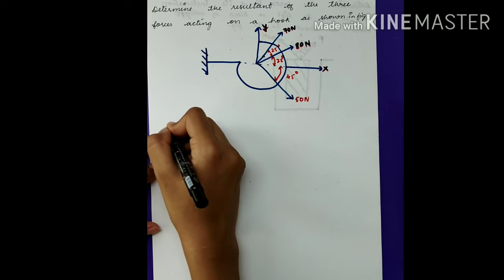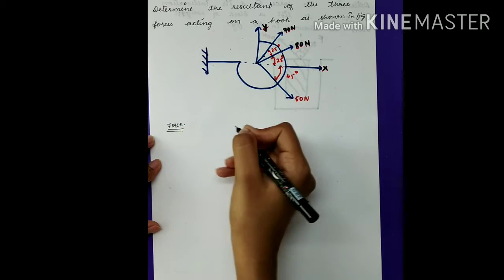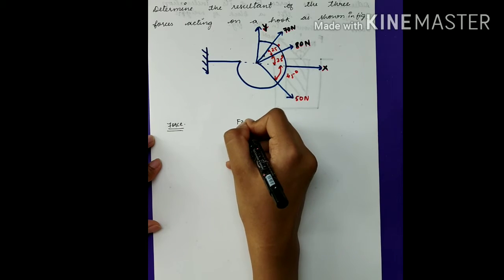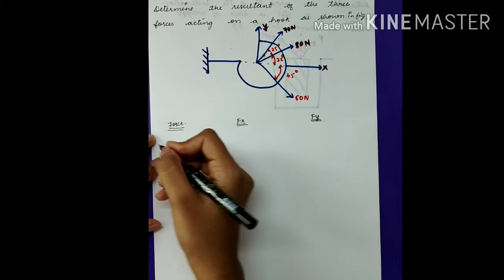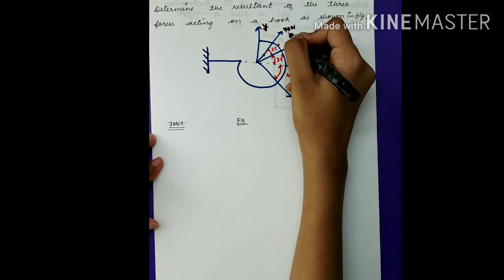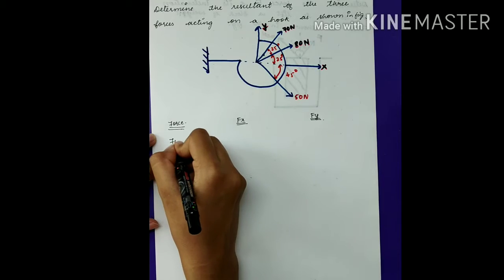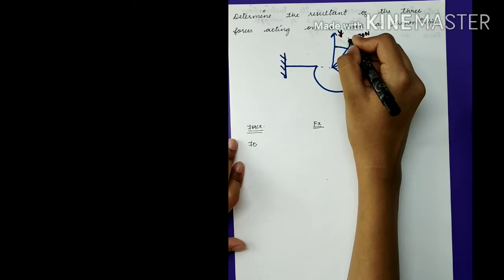First of all, make three columns: force, Fx, Fy. First let us take the 70 Newton force.